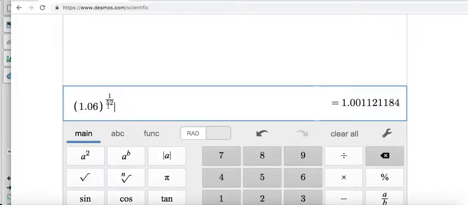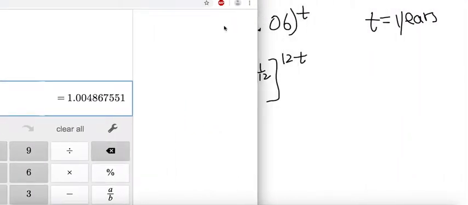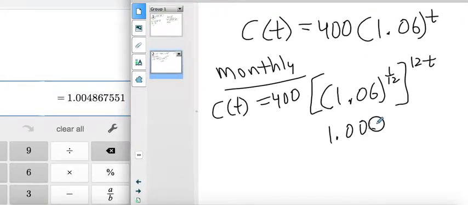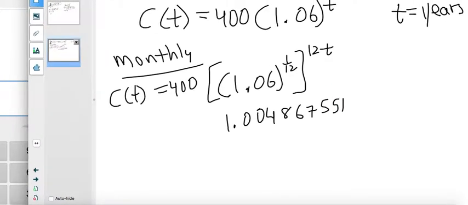If I'm writing in terms of the monthly growth rate, it'll be to the 1 over 12, and it's 1.004867551. And this is the monthly growth rate, right? But since there are 12 months in a year, it has to be raised back to 12 each year. So this would be in terms of the monthly growth rate, right?